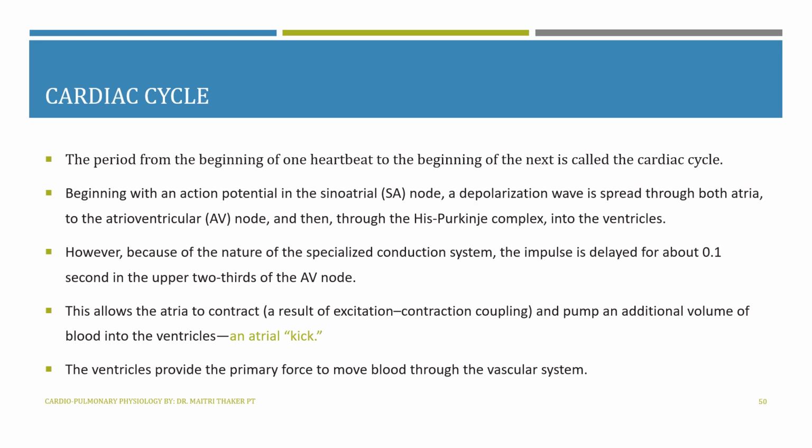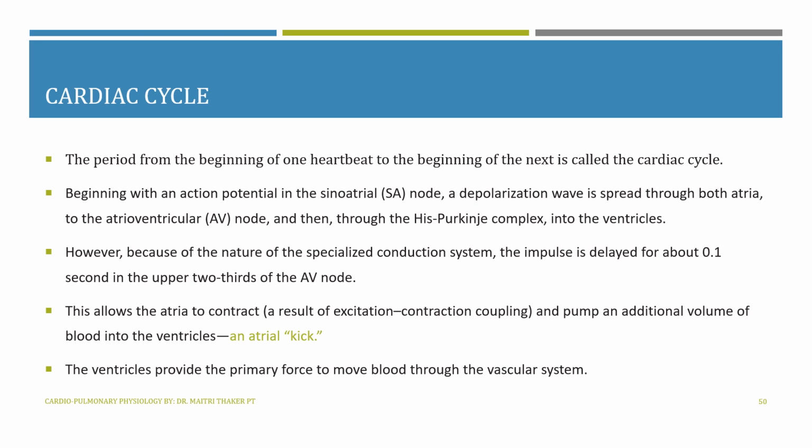However, because of the nature of the specialized conduction system, the impulse is delayed for about 0.1 second, a very small amount of time, a fraction of a second, in the upper 2/3 of the AV node. Because of this delay, there occurs a mechanism known as atrial kick.